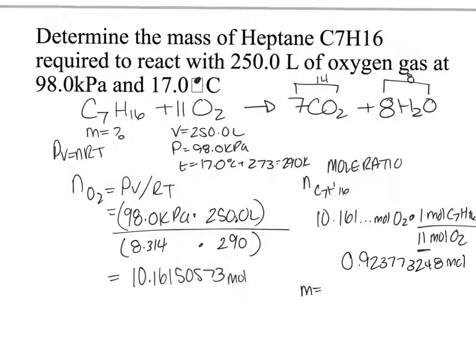Now I want to figure out the mass, and I do that by doing n times M. And the molar mass of heptane, so I'm going to have to do 12.01, so that's carbon, times 7, and add 16 times 1.01, which gives me 100.23, and I'm just going to double check that number. So 16 times 1.01 plus 12.01 times 7.